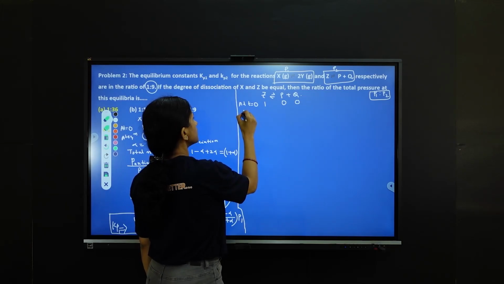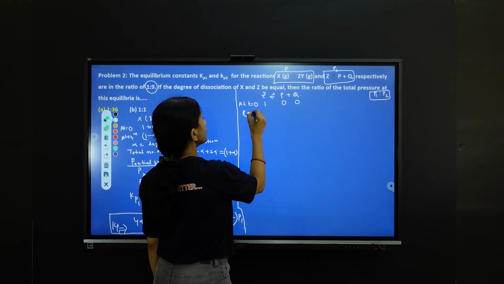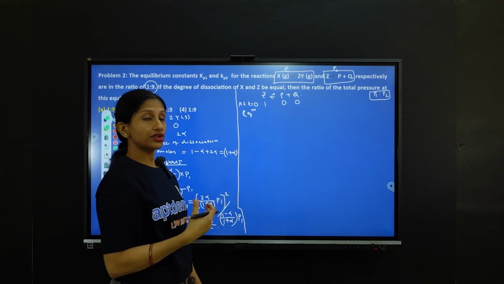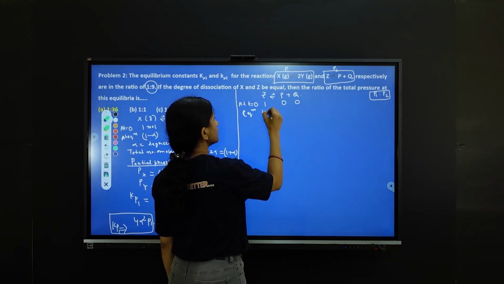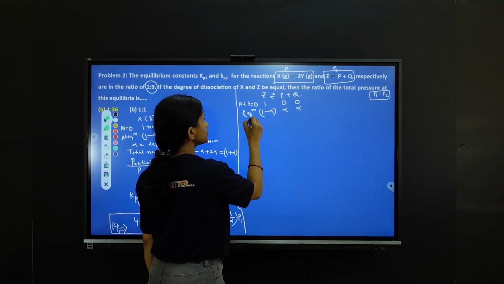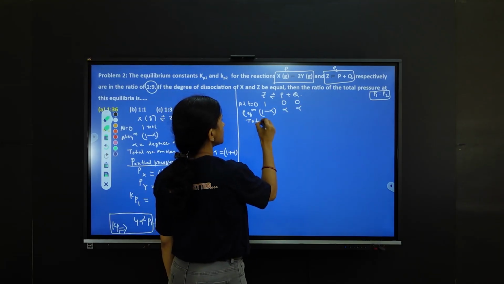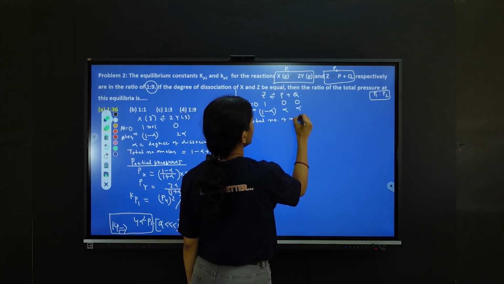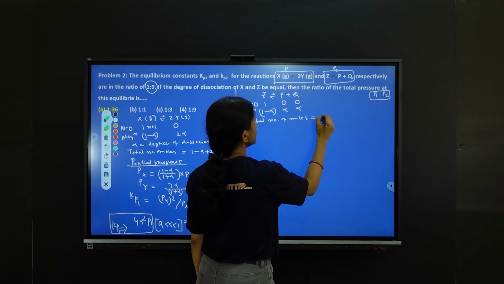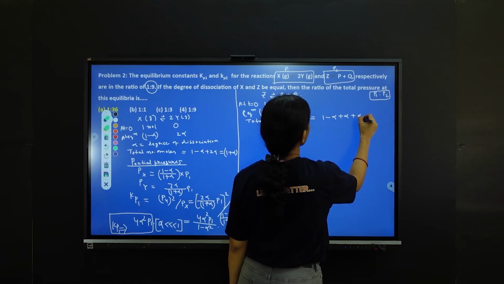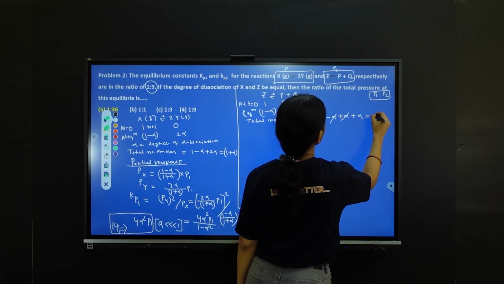And when equilibrium is reached, we can again say that this is 1 minus alpha, this is alpha and this is alpha. So the total number of moles here is equal to 1 minus alpha plus alpha plus alpha, which gives you the value of 1 plus alpha.